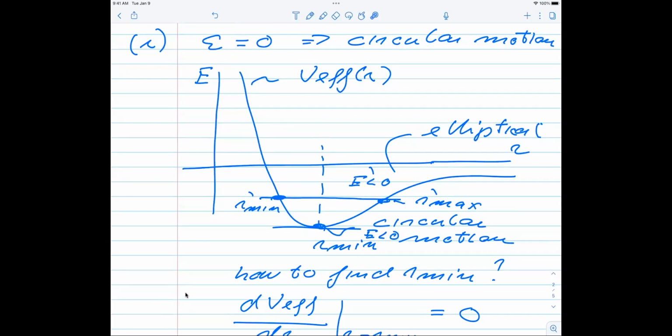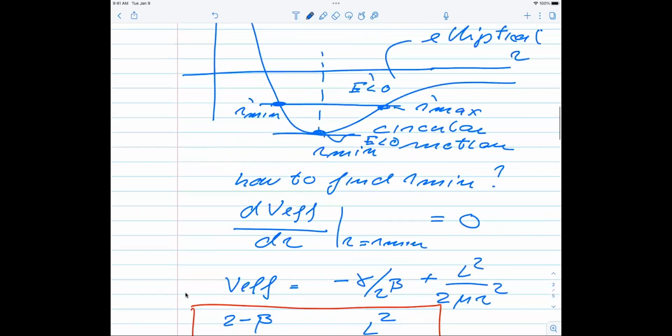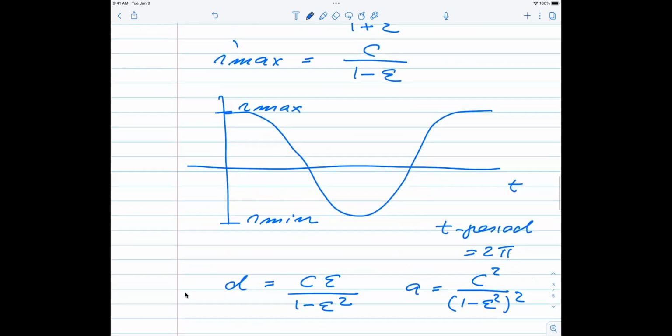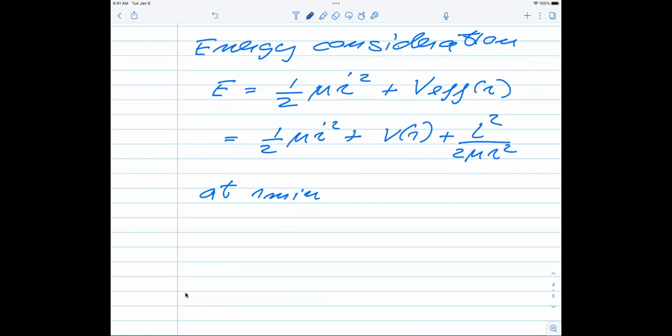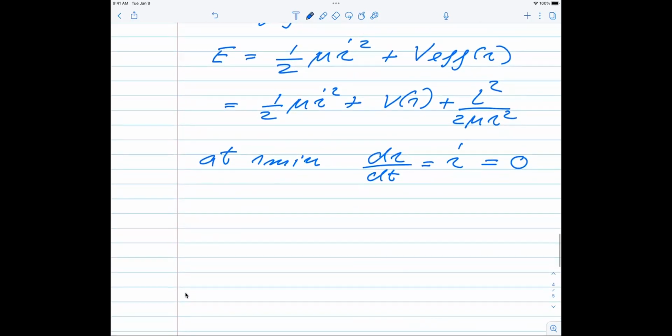So that means that when we now look at the total velocity, there will only be a velocity which comes from the angular momentum. So what we're going to state now at r min is that dr/dt, which is equal to r dot, is equal to 0. If we do that, then the energy which we get at r equal to r min is now simply going to contain the potential energy.